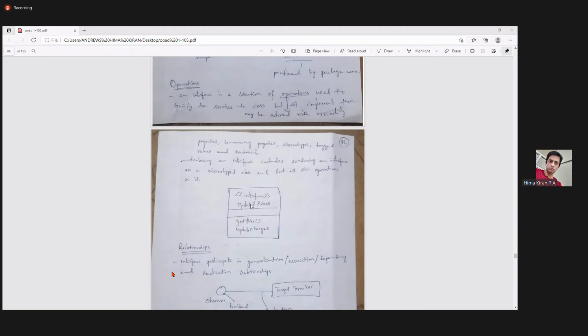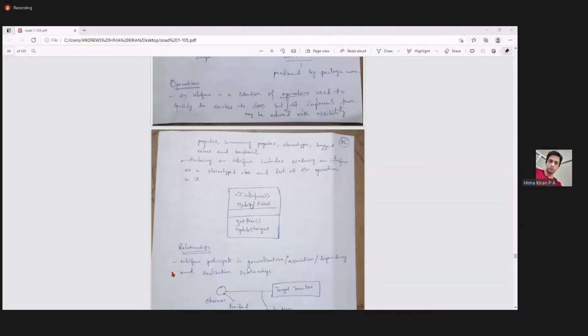An interface is always represented in the form of stereotyped representation, which is nothing but in angular brackets we represent the interface. Definitely I think you have a bit in your mid exam, a multiple choice question: what is the significance of stereotype, or something like that?